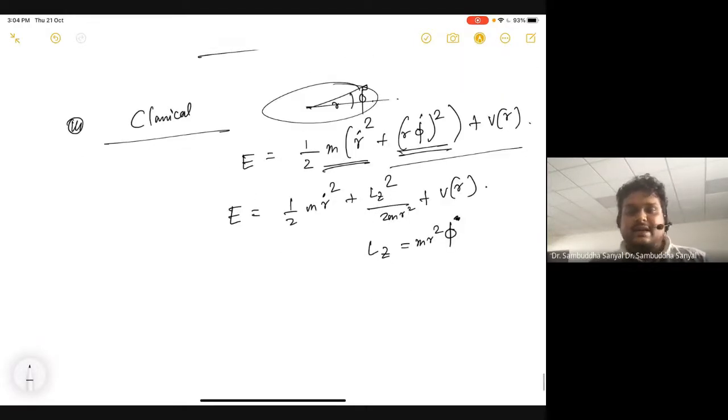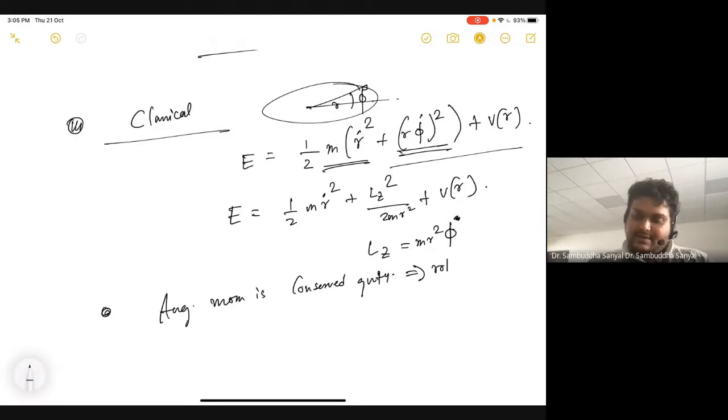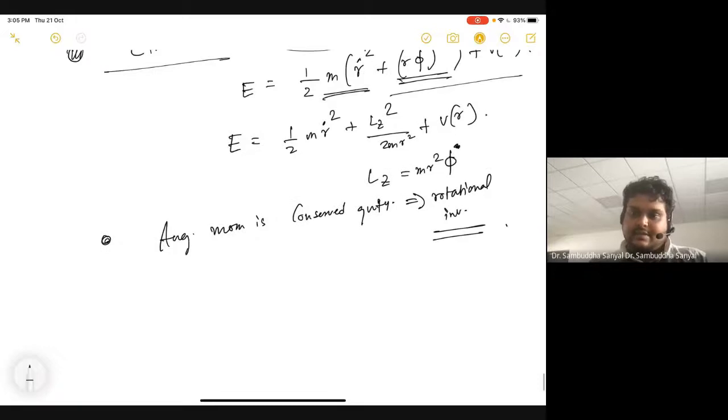Now we know in the classical problem, from Noether's theorem, that angular momentum is a conserved quantity, and that is because of the rotational invariance. So it's the same as momentum for translation. That's the Noether theorem basically.